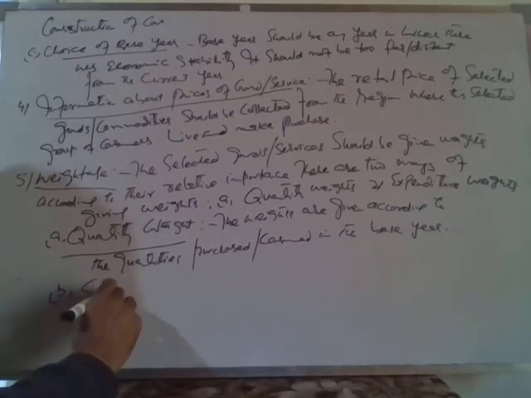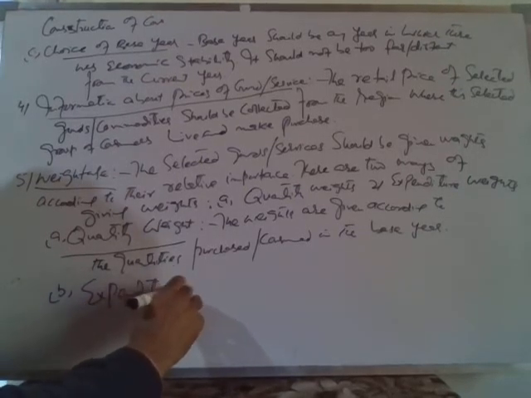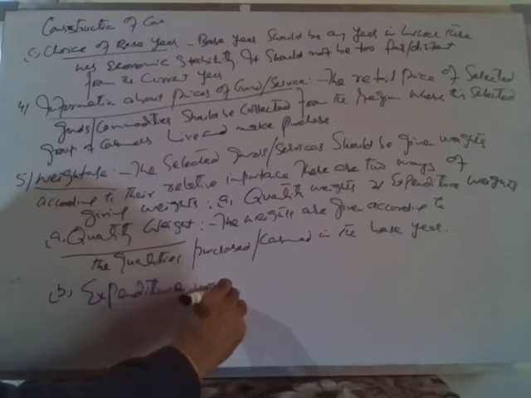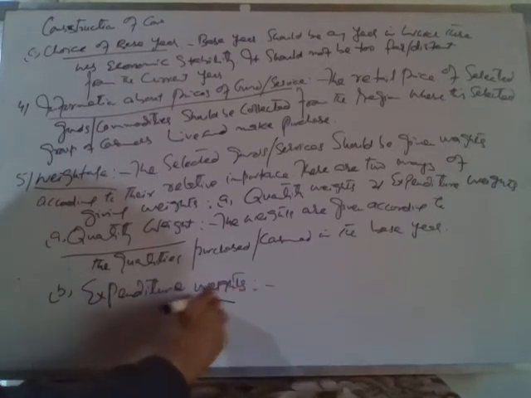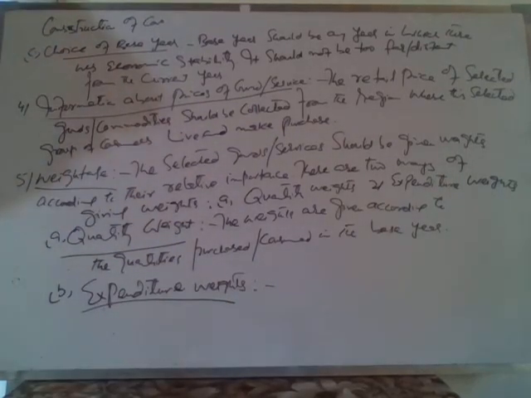एक्सपेंडिचर वेट. नेक्स्ट मेथड फॉर गिविंग वेट्स, एक्सपेंडिचर वेट्स. Expenditure weight is the weights according to this method. The weights are given according to the total expenditure on this item consumed in the base year.